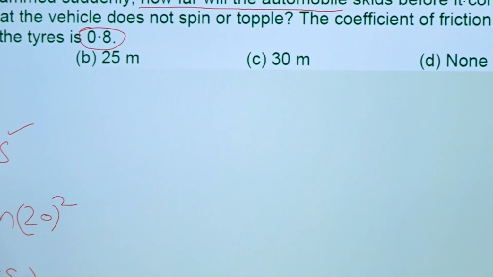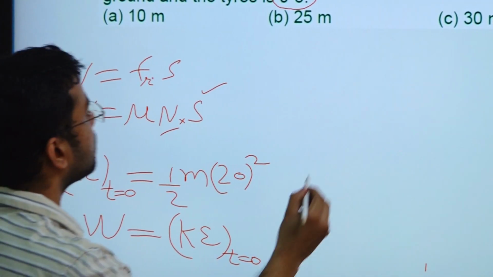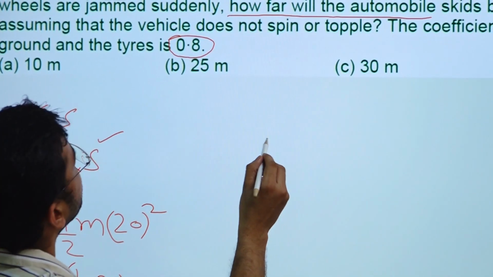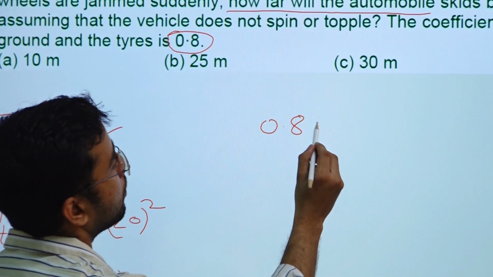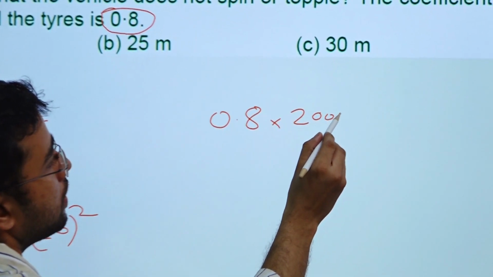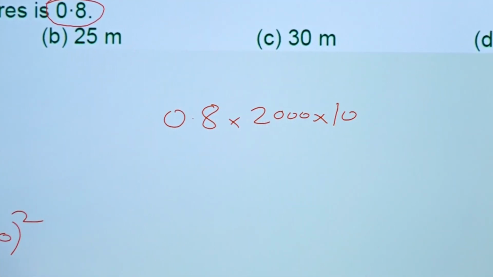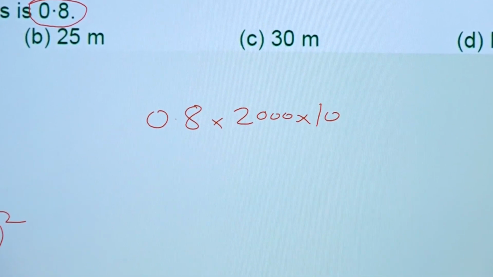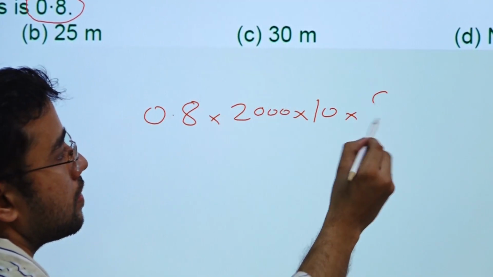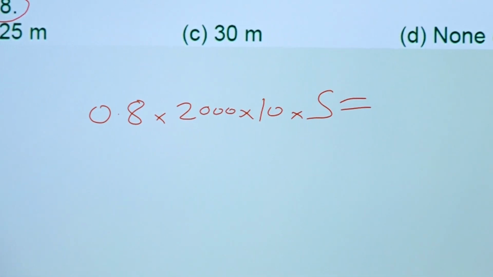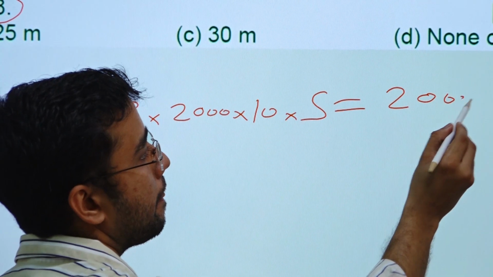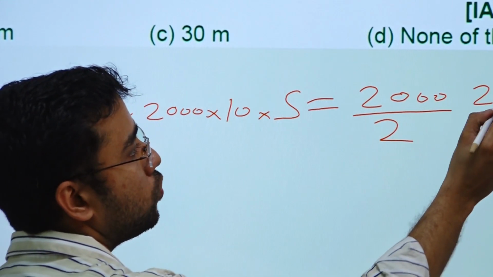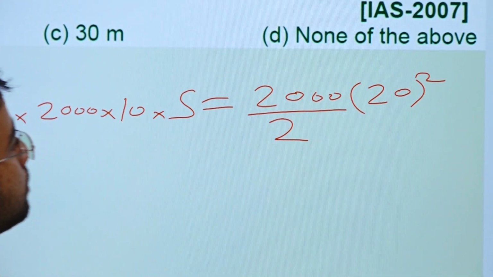Okay, now let us solve this equation. So what is the value of mu? Mu is 0.8 into N. N is 2000 into g, suppose g is 10. Normally we consider g as 10, right? Into S is equal to half mv square. So m is 2000 into 20 square, right?